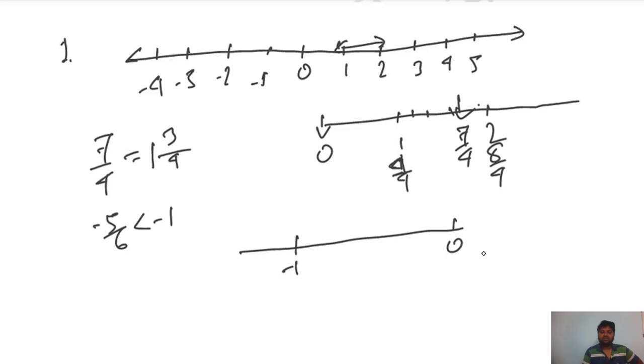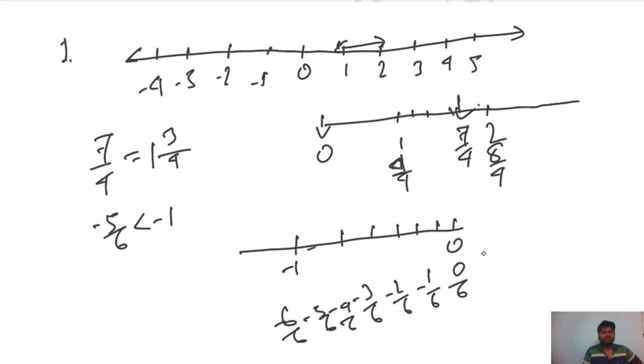Here we get 0 by 6, minus 1 by 6, minus 2 by 6, minus 3 by 6, minus 4 by 6, minus 5 by 6, and then minus 6 by 6, which means minus 1. Drawn by hand, the scaling is not represented accurately. So minus 5 by 6 is in this form.